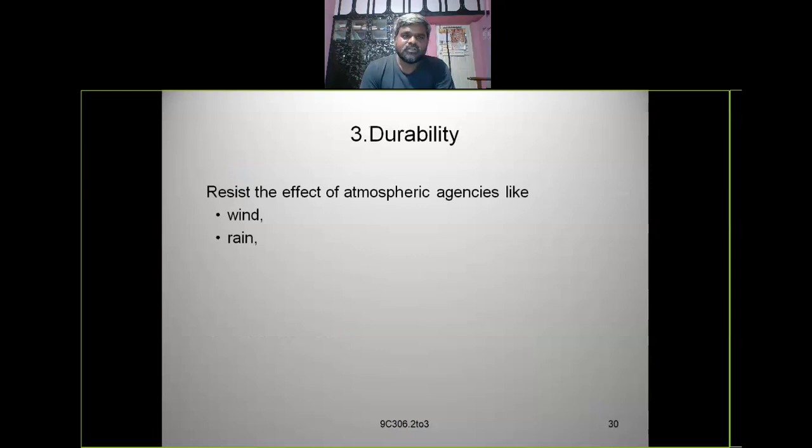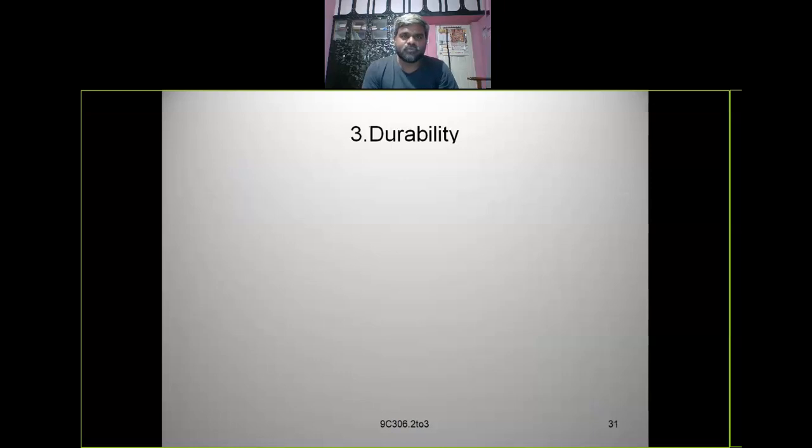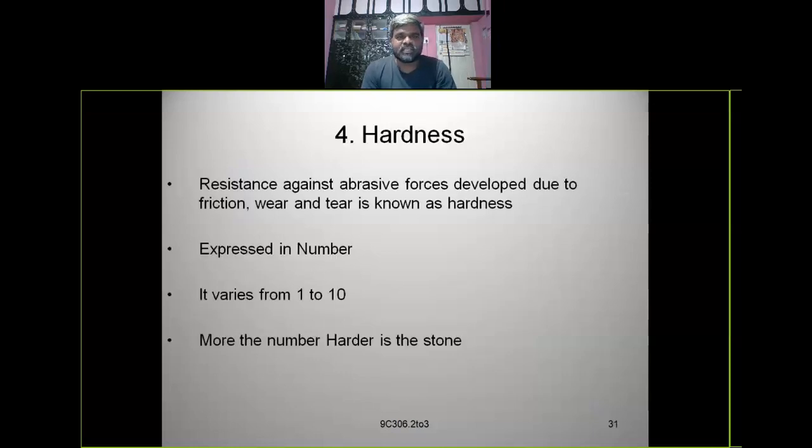Durability. What is durability? It is the long life of a stone. It should resist the effect of atmospheric agencies like wind, rain, temperature, or weathering agencies. It depends on chemical composition and physical composition. It is nothing but the life of the stone. Hardness is the resistance against abrasive forces developed due to friction, wear, and tear.